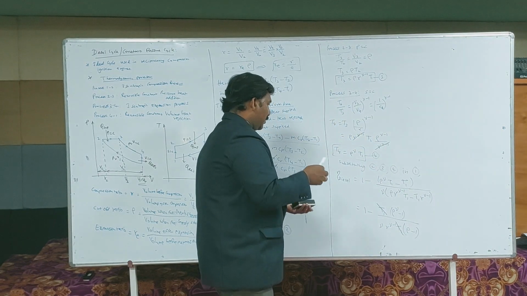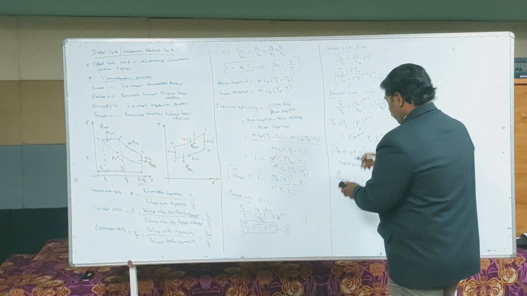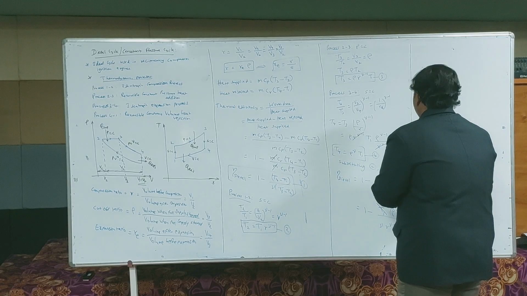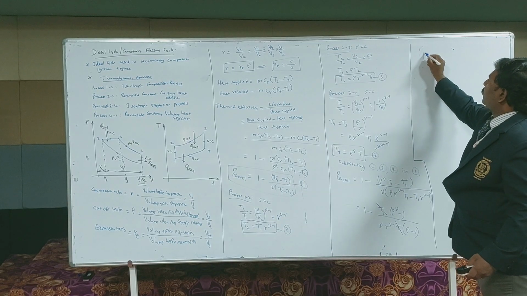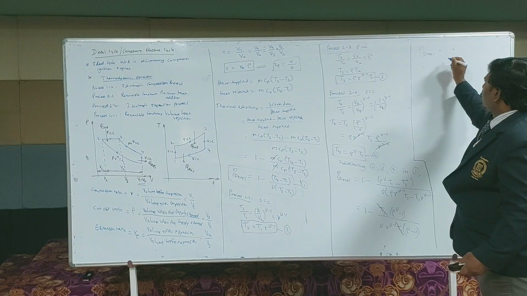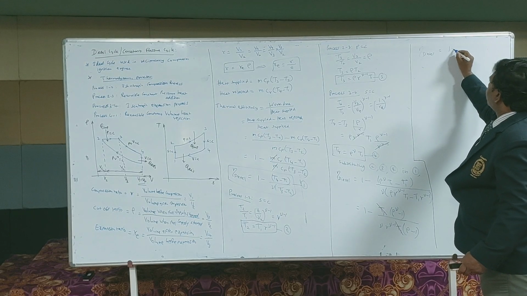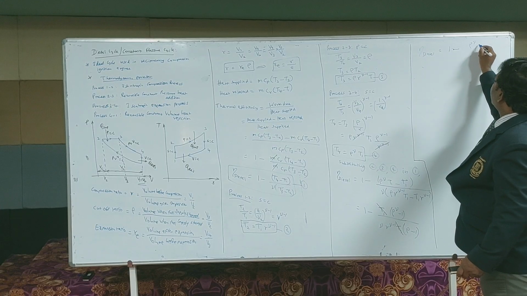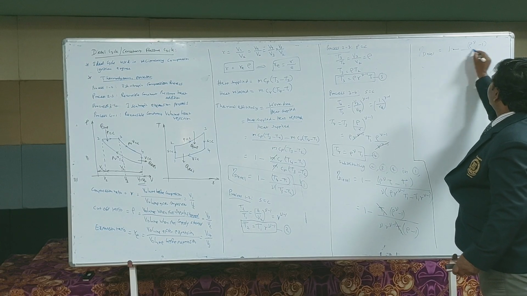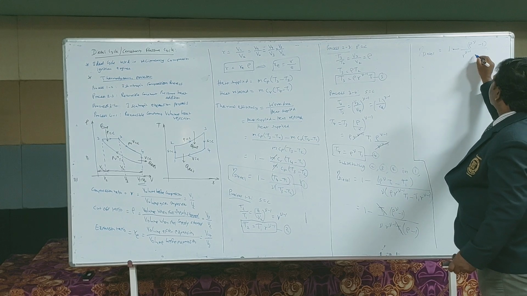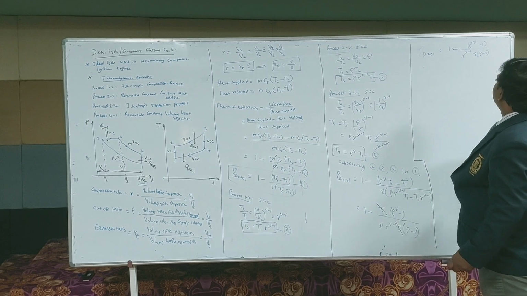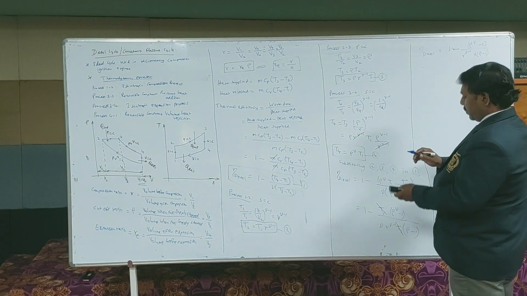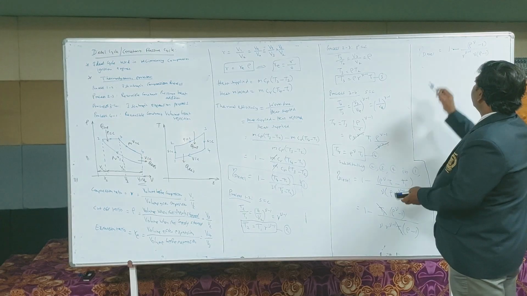So remaining can be written like this: the efficiency of diesel cycle is equal to 1 minus rho power gamma minus 1 divided by R power gamma minus 1 into gamma into rho minus 1. Okay, we can write like this. So this is the expression for diesel cycle.